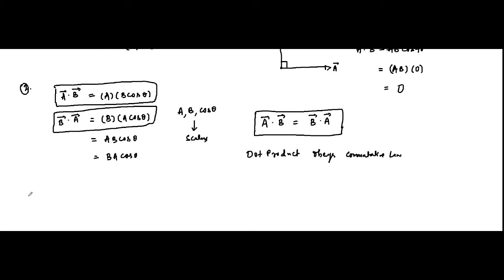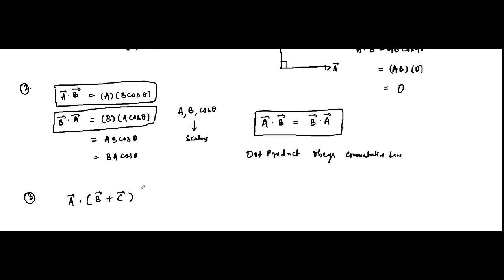Then we have the third property, which is that, let us say we do A vector dot B vector plus C vector, like this: A vector dot B vector plus C vector.